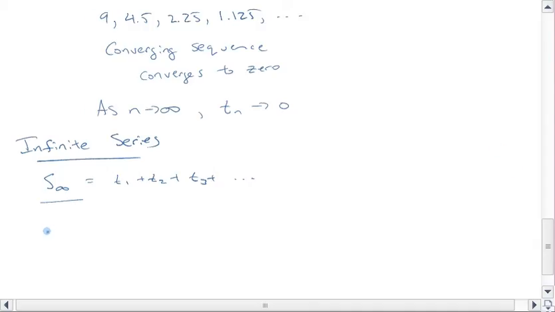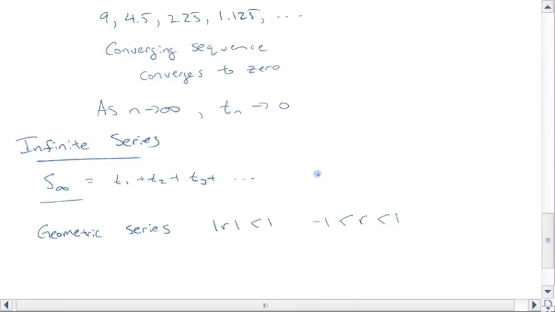In particular, for geometric series, when the magnitude of r is less than 1, that just means that r is less than 1 and greater than -1.